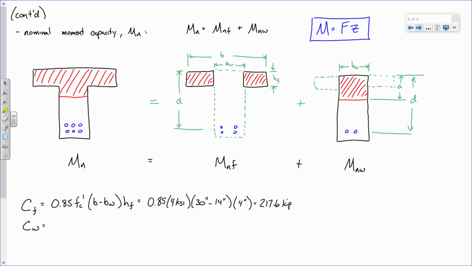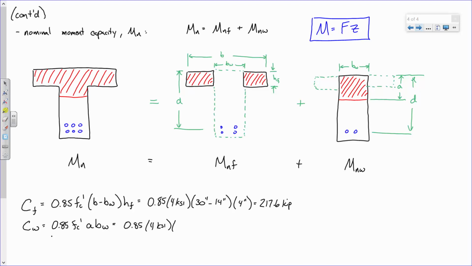Okay, 0.85 FC prime times what? BW times A. So 0.85 FC prime A B, only instead of B, it's B sub W. So 0.85 FC prime A BW, right? So this is 0.85 for KSI.